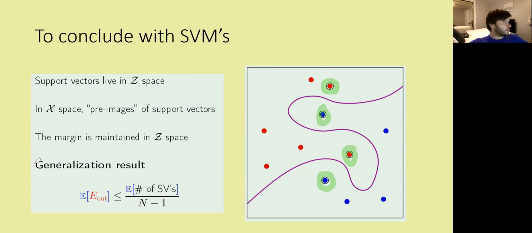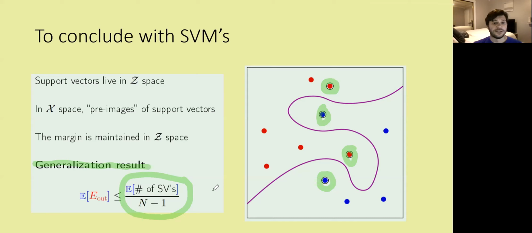So this generalization result is very important for SVMs. Your out-of-sample error is bounded on average by the number of support vectors divided by n minus 1. So the more support vectors you have, the more complex the hypothesis is, the more potential curves there are in the boundary of the margin that you are generating.